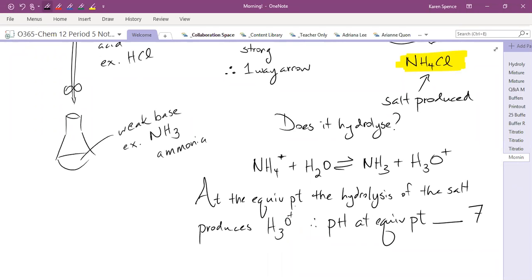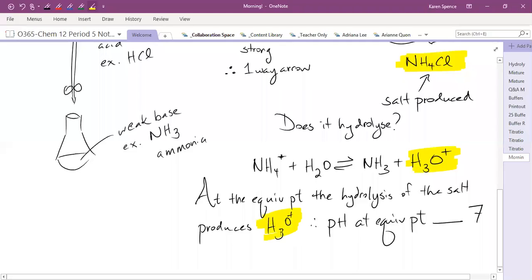Okay, so back to the drawing board. We have now produced H3O plus. So our pH will be greater than 7 or less than 7. Yeah, it's going to be less than 7 because that's acidic, okay? So we have less than 7.